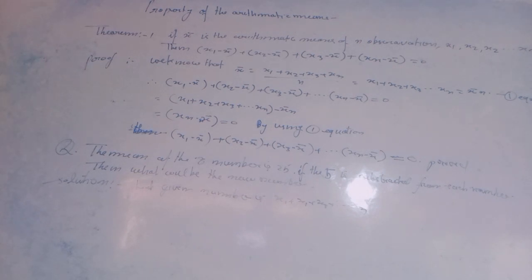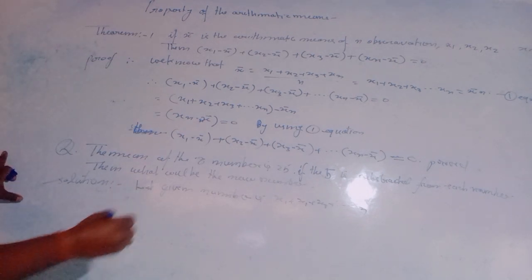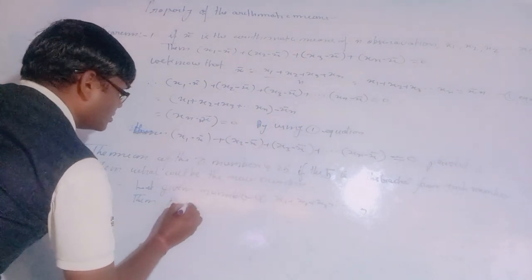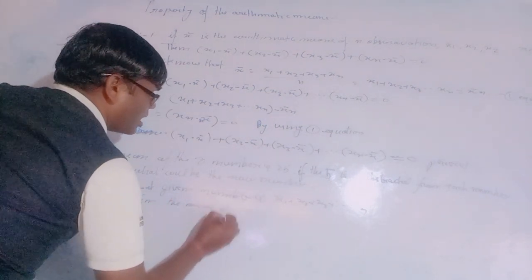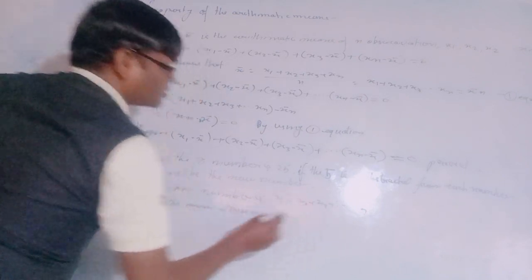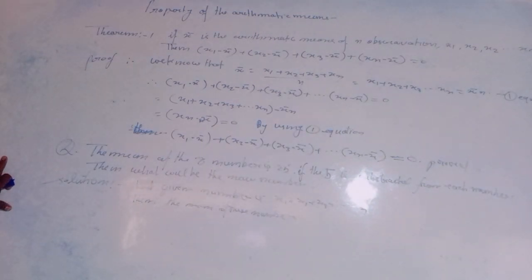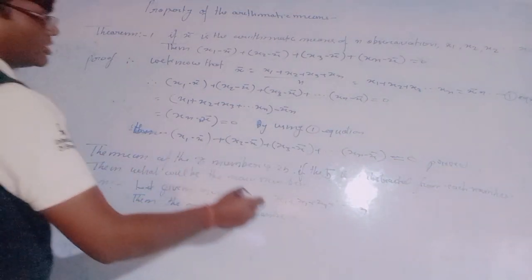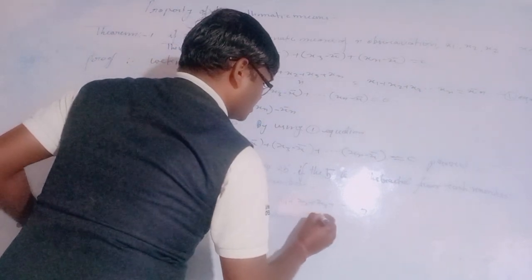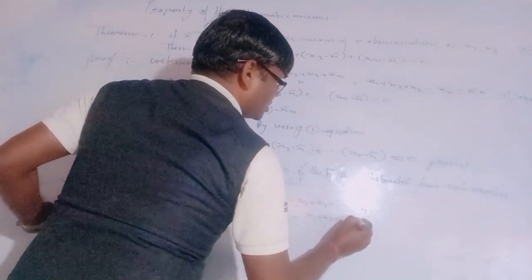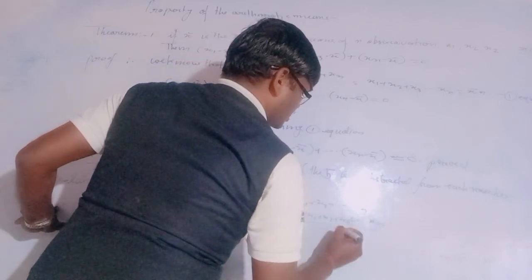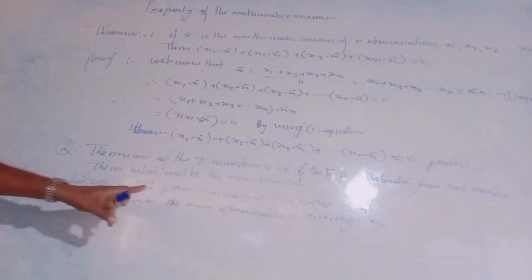The arithmetic mean of these numbers is equal to the sum of the observations divided by the number of observations, that is (x1 + x2 + x3 + ... + xn) by n.